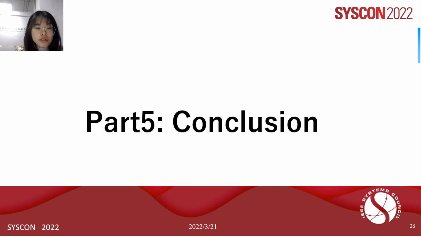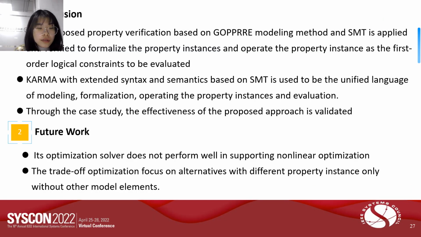Next is the conclusion. The proposed property verification based on the GOPPRR modeling method and SMT is applied and verified to formalize the property instances and operate the property instances as first-order logical constraints to be evaluated, and Karma, with the extended syntax and semantics based on SMT, is used as the unified language of modeling, formalization, operating, and property instance evaluation.